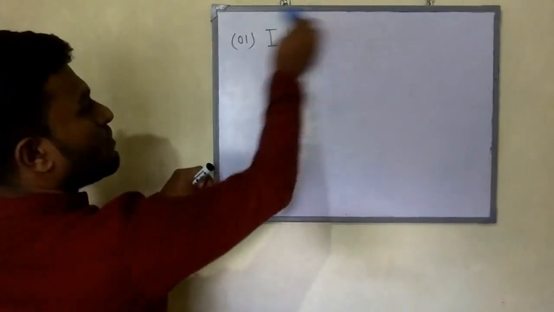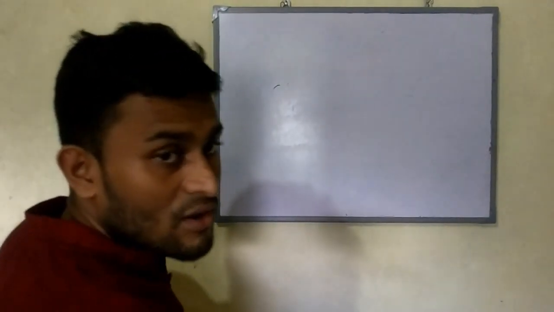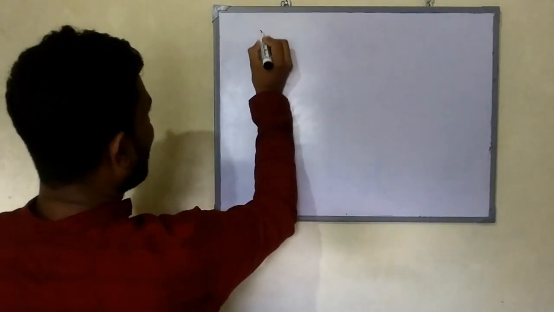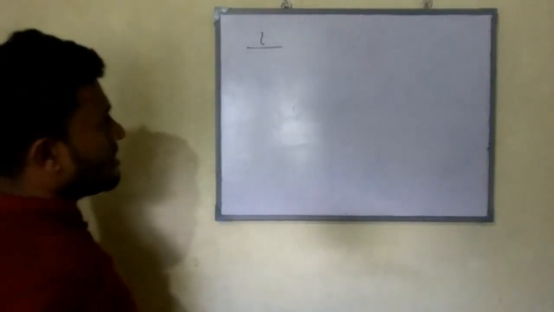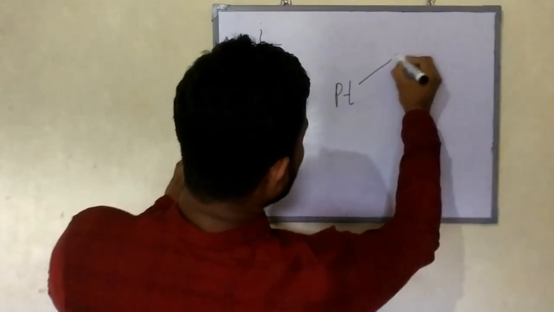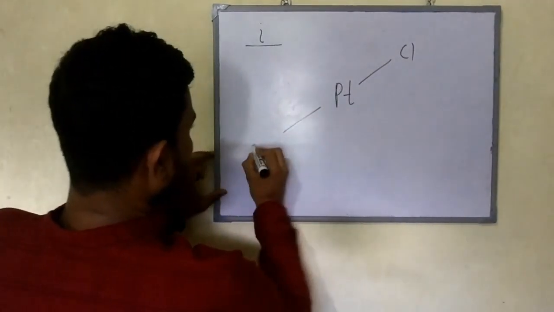Then we want to focus on center of inversion or the center of symmetry, that is i. I will take the example of PtCl4 like this.